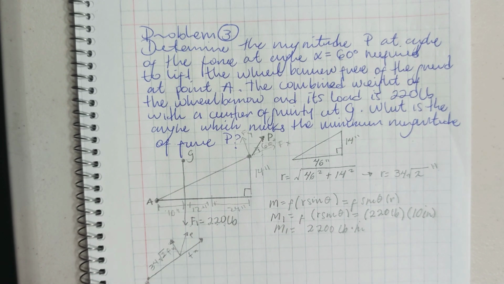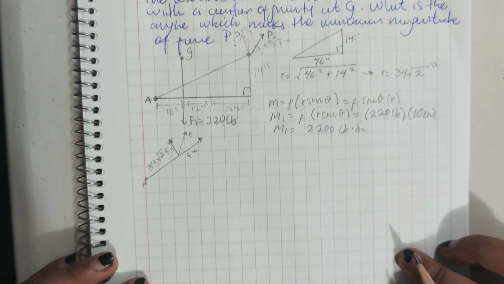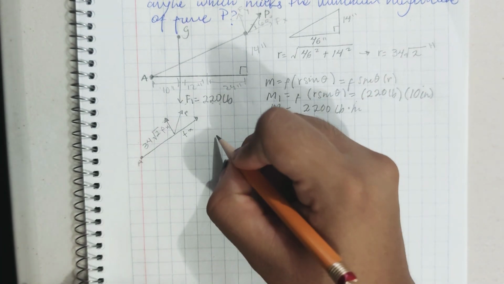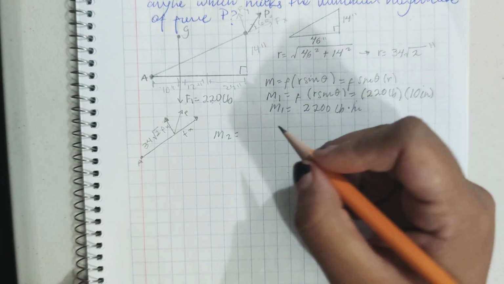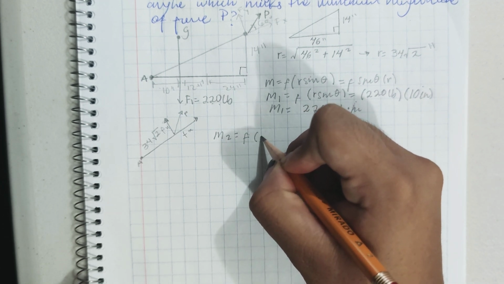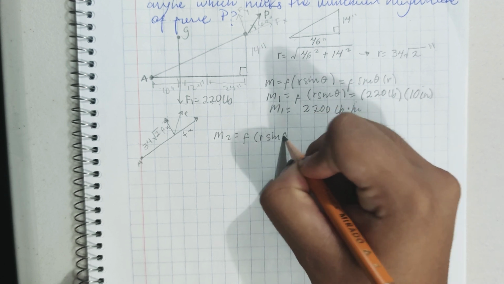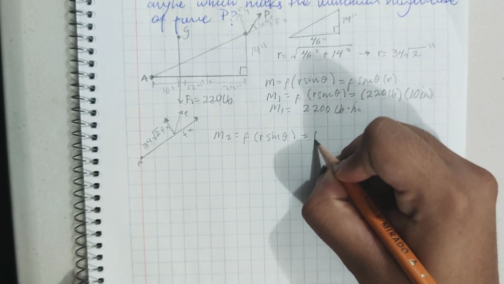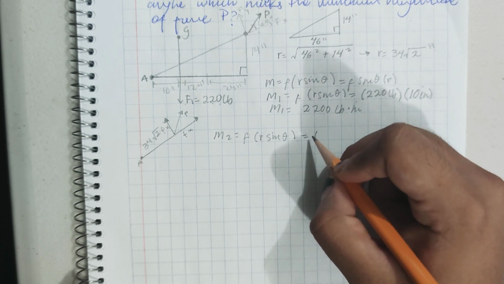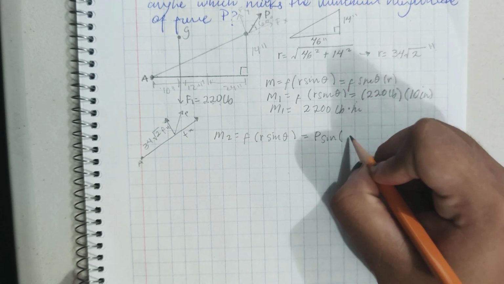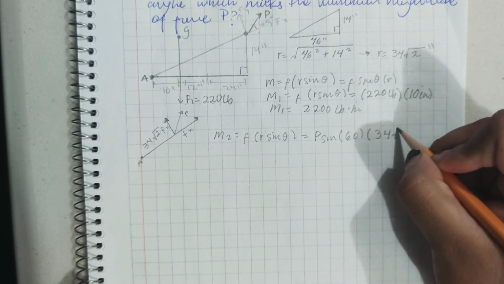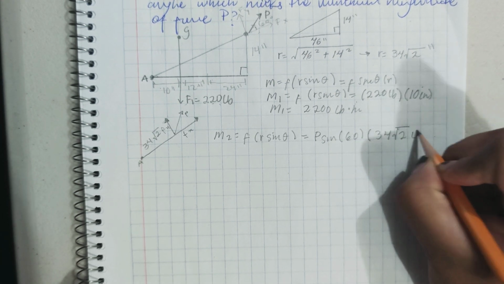Here is the point A. Solving this, we have that M2 is equal to F times R sine of theta, equal to P sine of 60 degrees multiplied by 34 square root of 2 inches.